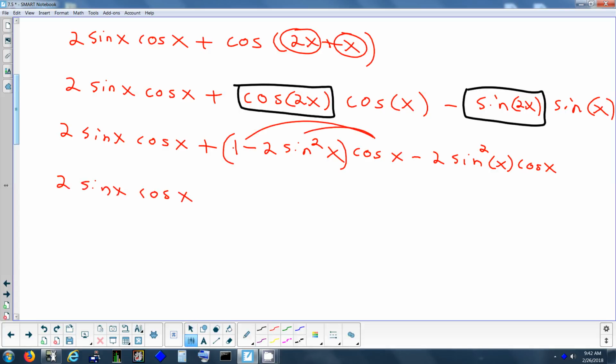So we're going to get 1 times cosine minus, and this is what I'm hoping you kind of notice with what's at the end, 2 sine squared cosine. Two sine squared cosine, 2 sine squared cosine. Now I've got something I can combine together.